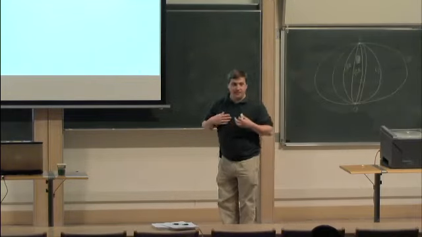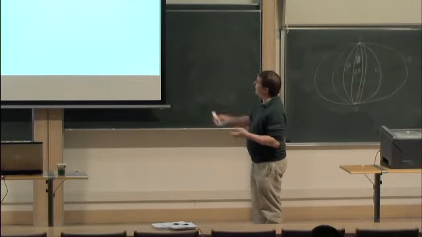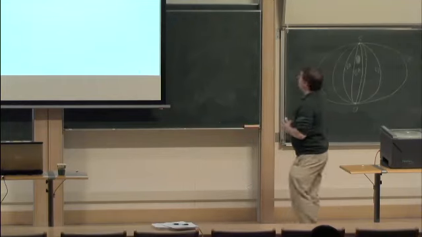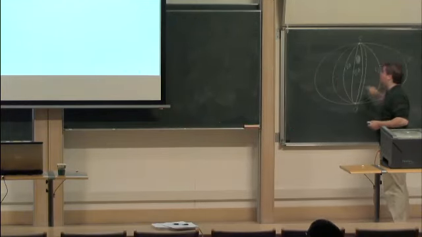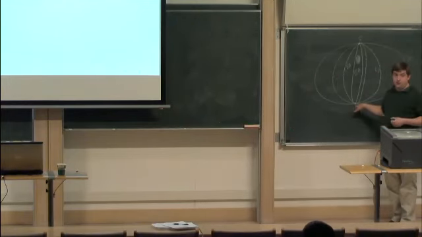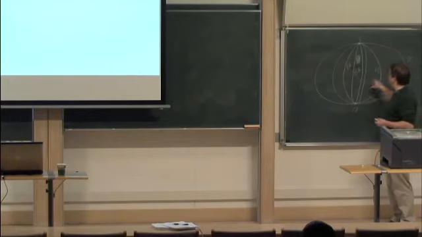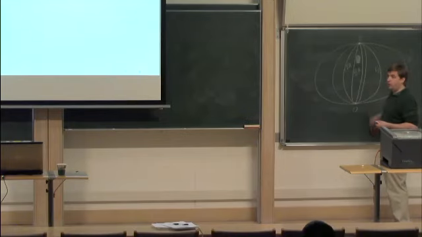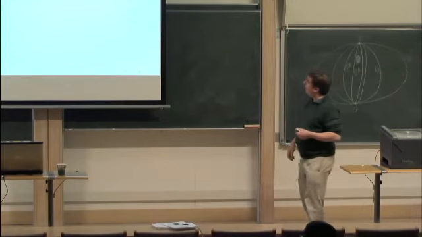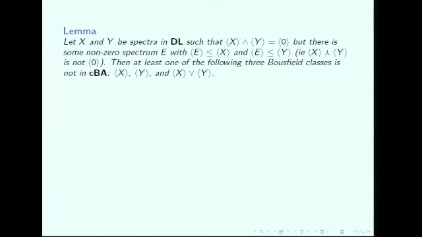So the lemma that gets us there is the following. If we've got two spectra in DL whose smash is 0, but such that the meet as calculated in B is not 0, so there's some element, possibly just in B, that's less than both of them, then one or the other or the join of them must be in the complement of CBA.